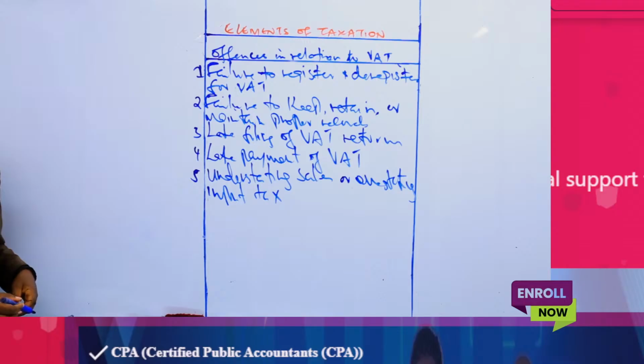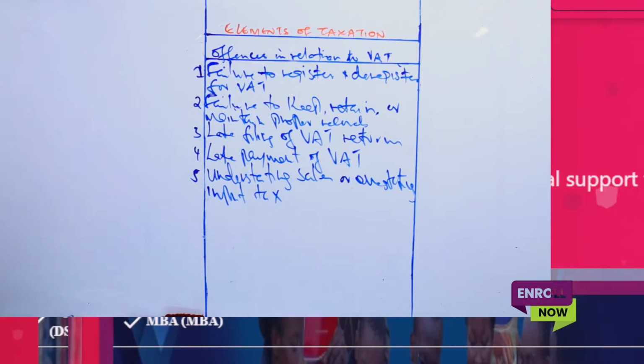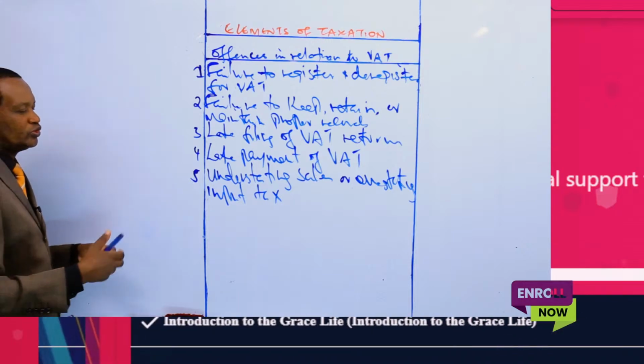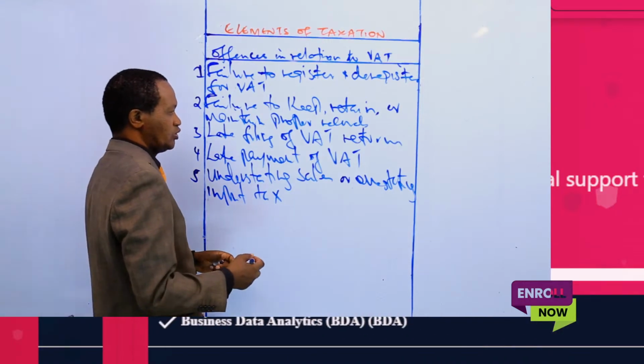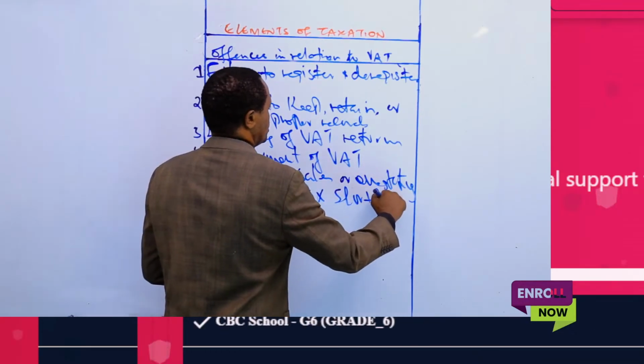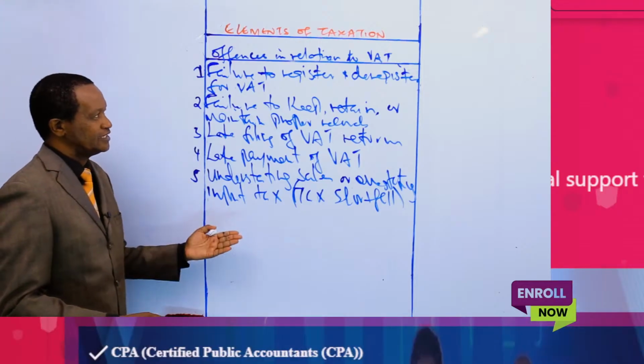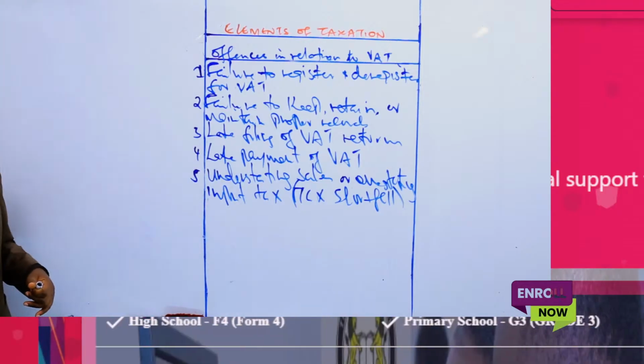Understating sales or overstating input tax, when you do that, gives rise to what we call a tax shortfall. It leads to a tax shortfall, and that is an offense.